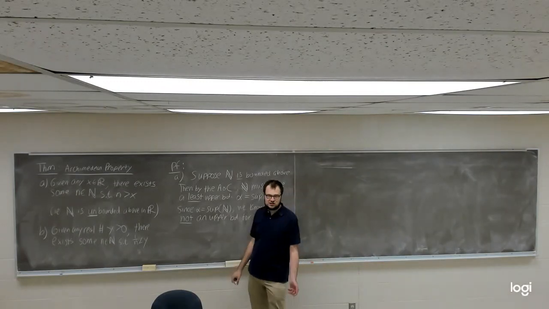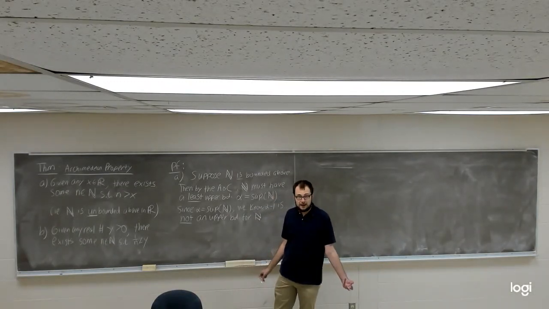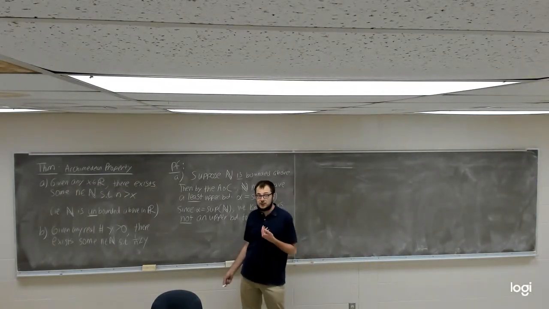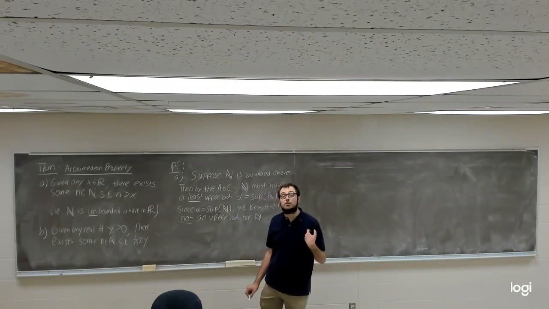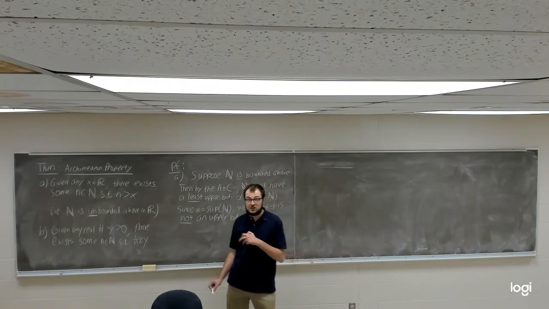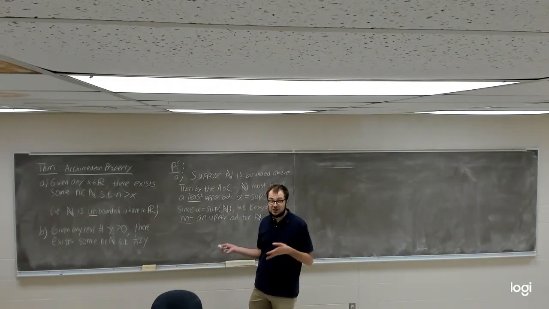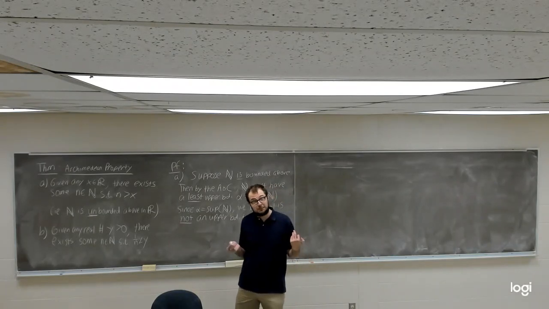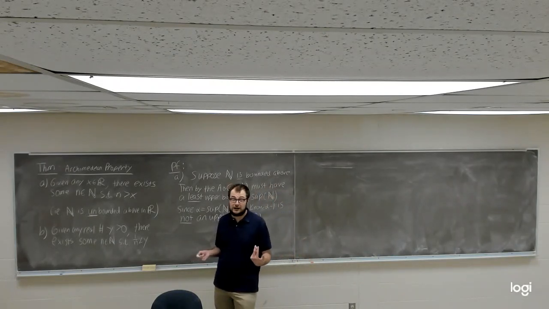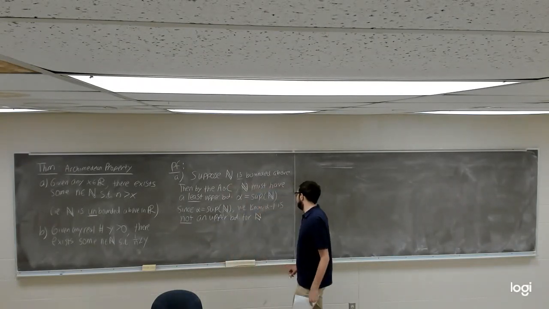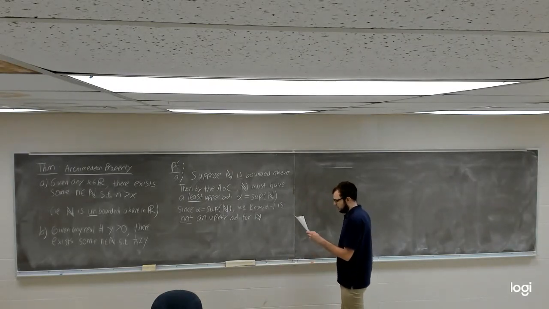Well, if alpha is the smallest out of all the upper bounds, alpha minus 1 is clearly some real number that's smaller than alpha. And alpha itself is the smallest out of all the upper bounds for n. Anything less than alpha, such as alpha minus 1, can't possibly be an upper bound for the natural numbers. So alpha minus 1 is not an upper bound for natural numbers.